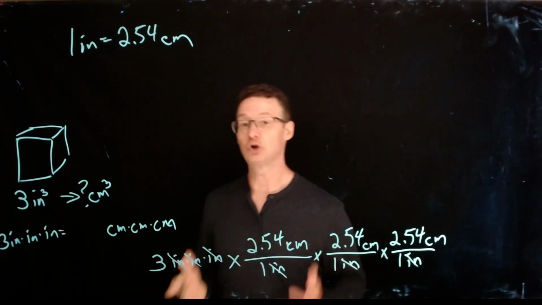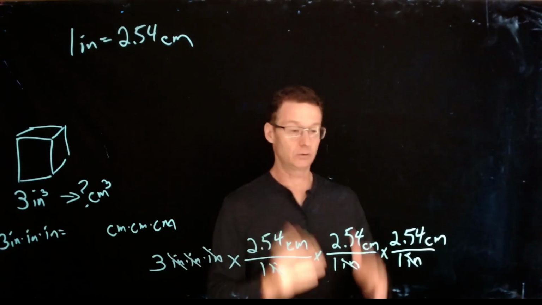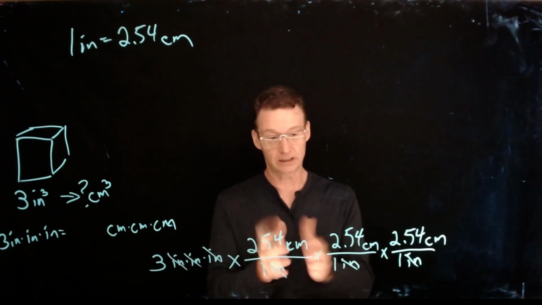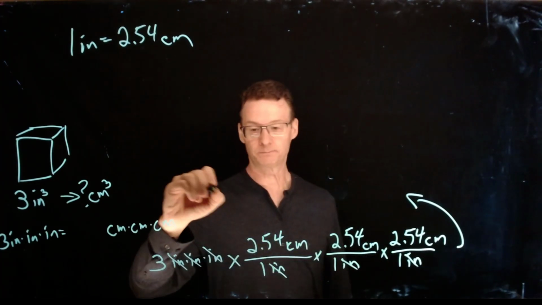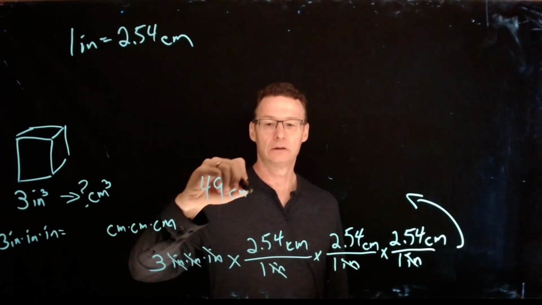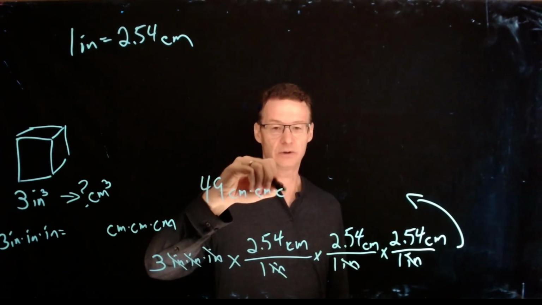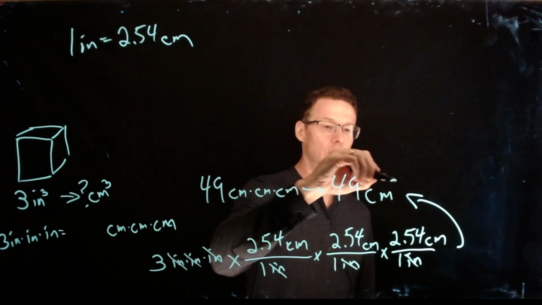So I canceled out the cubic inches, and then I multiply 3 times 2.54 times 2.54 times 2.54, and centimeters times centimeters times centimeters. What we end up with is 49 centimeters, centimeters, centimeters, which is 49 cubic centimeters.